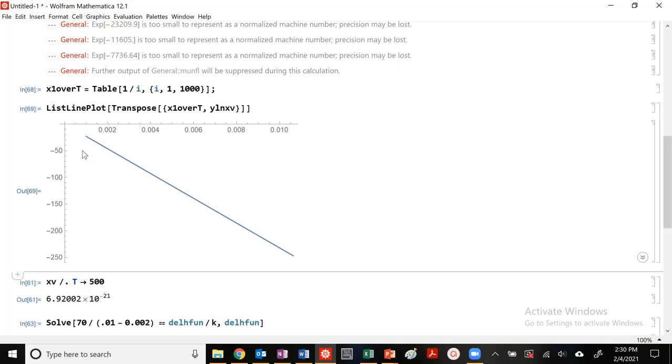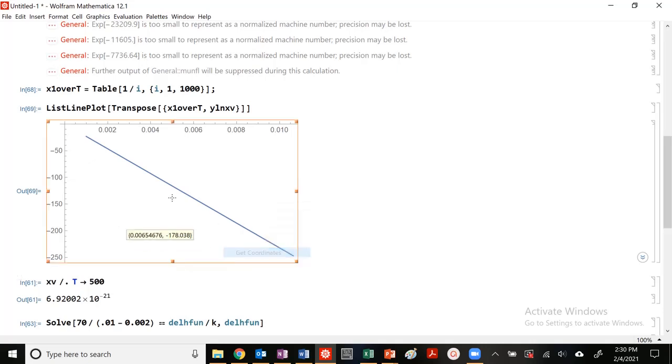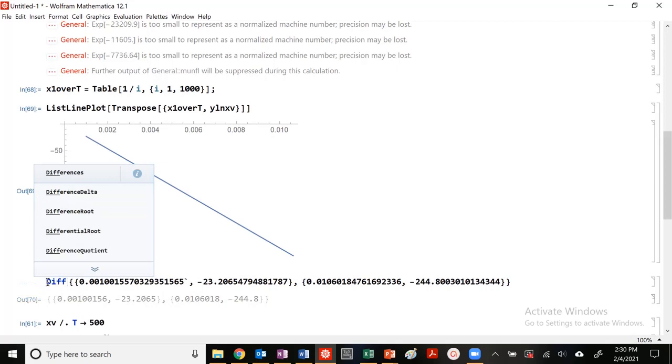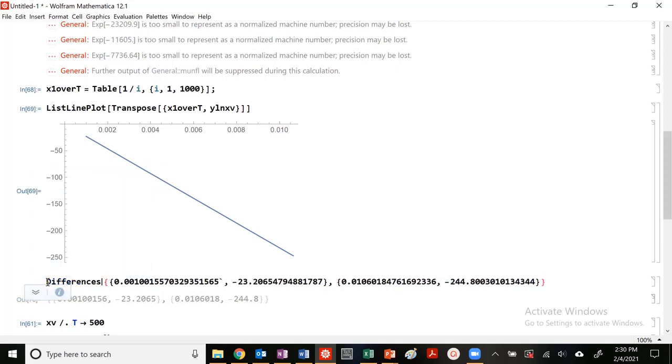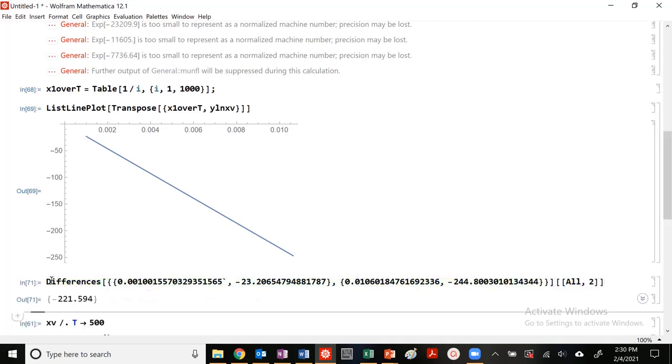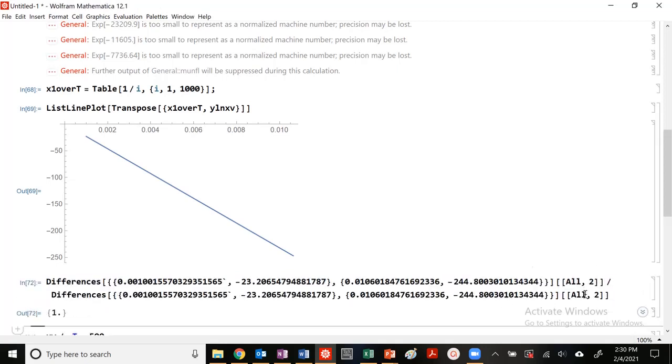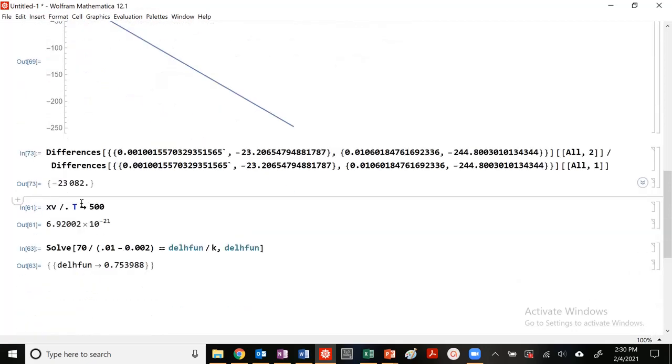And what do you know? Let's get the coordinates and get my slope here. I could take differences, the rise divided by the run. So that's my slope here.